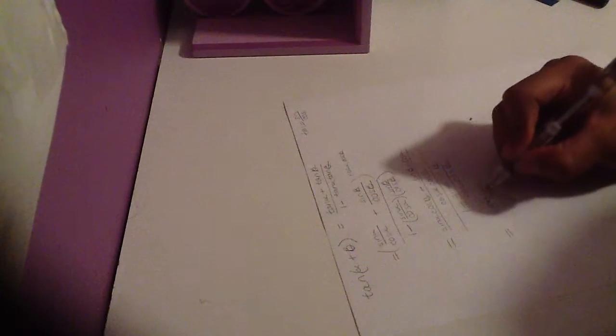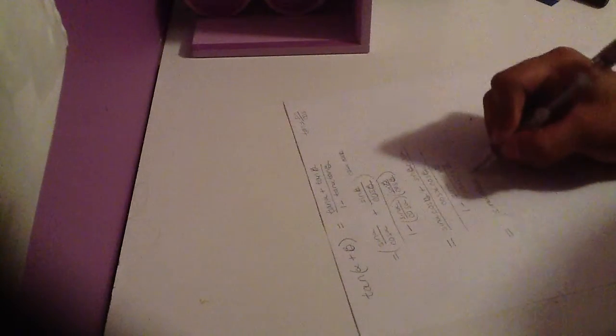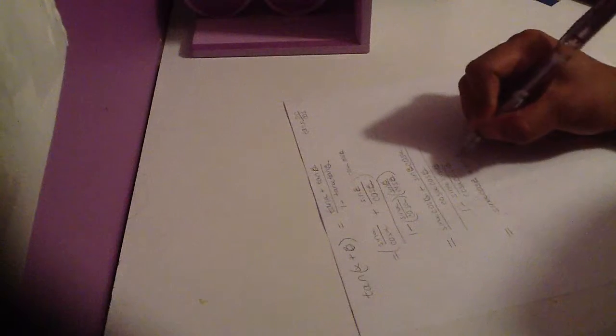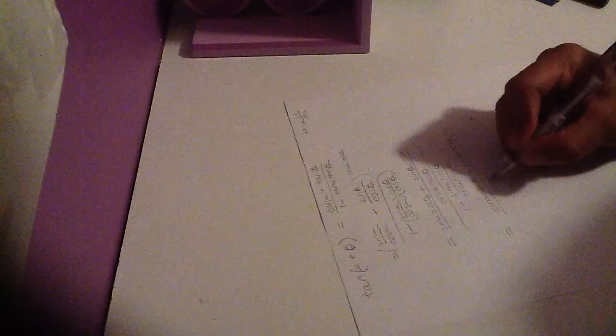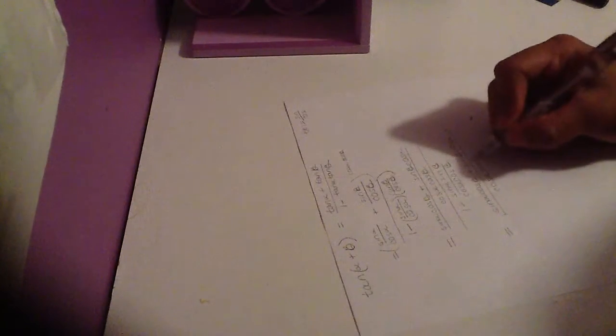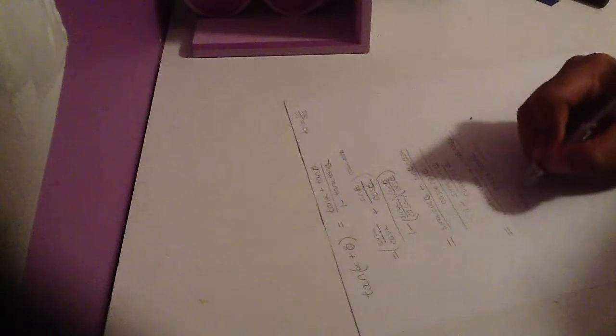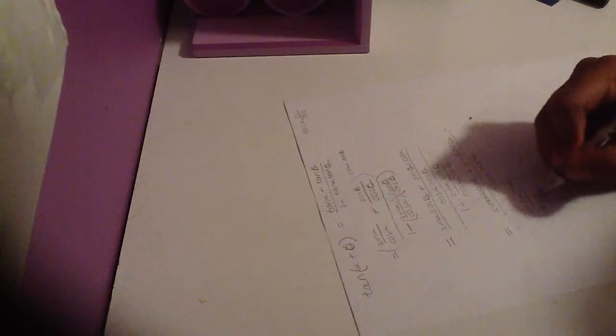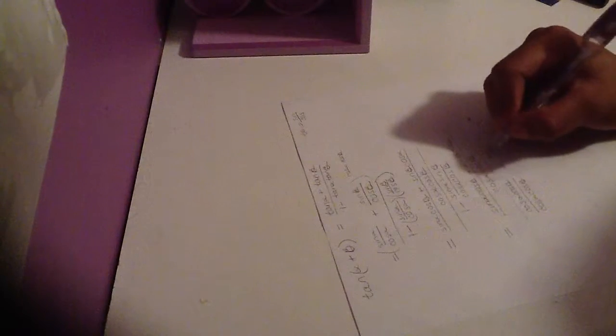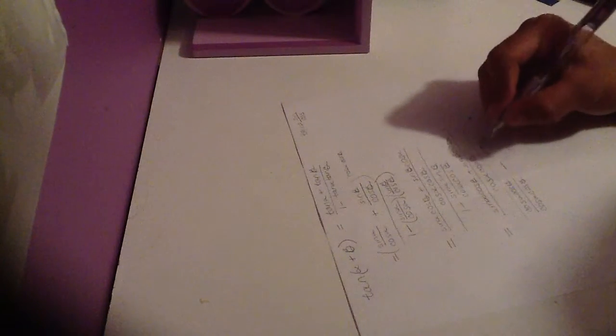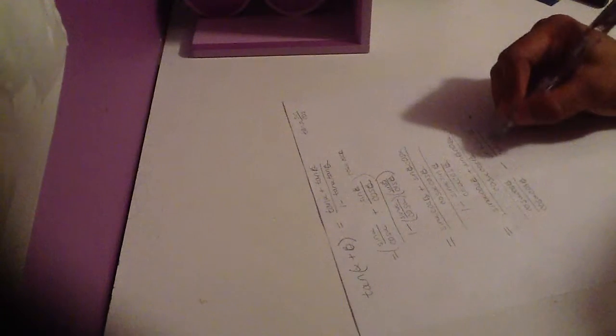Still sine of alpha cosine beta plus sine beta cosine of alpha over cosine alpha cosine beta, now all over cosine of alpha cosine of beta over cosine alpha cosine beta, because it equals 1, minus sine alpha sine beta over cosine of alpha cosine of beta.